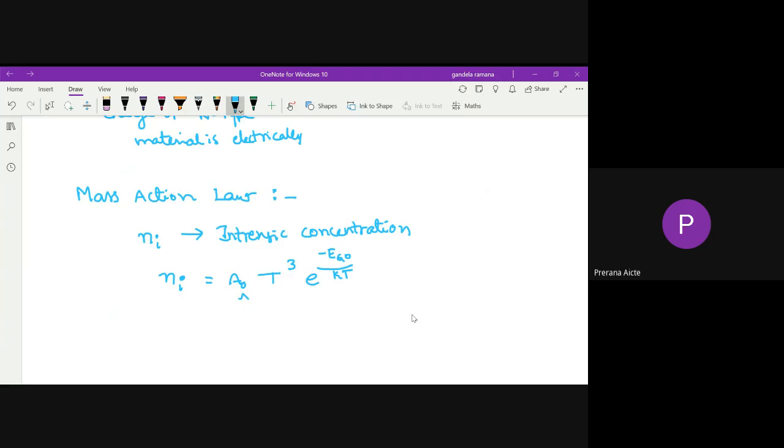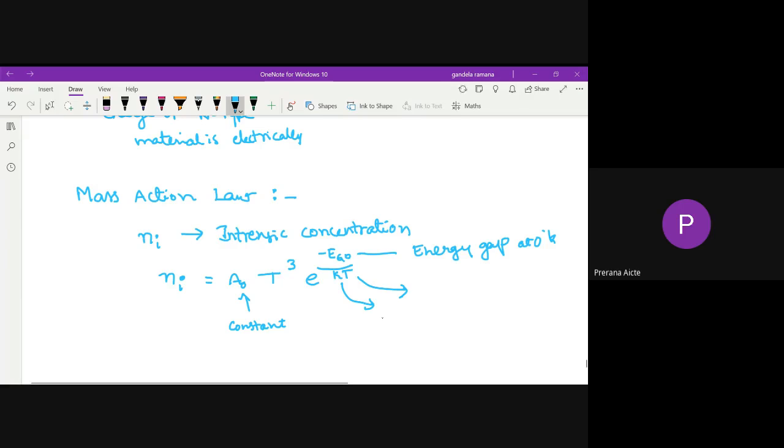Here A naught is a material constant, T is temperature, E G naught is the energy gap at 0 degrees Kelvin, and K is Boltzmann's constant. So Ni depends on the material constant and temperature.